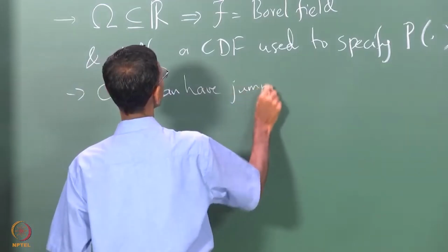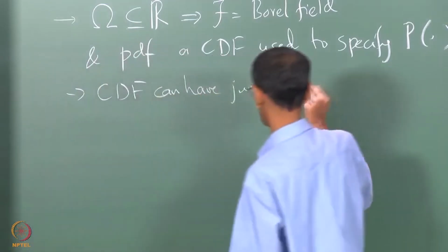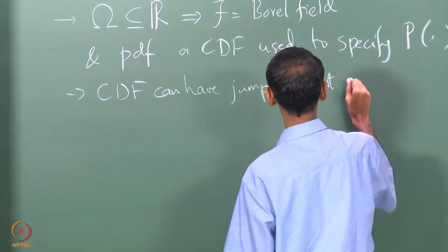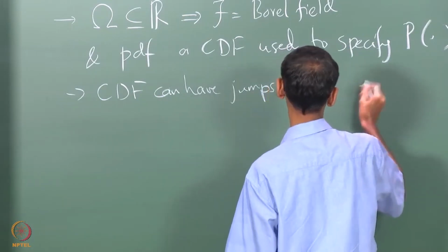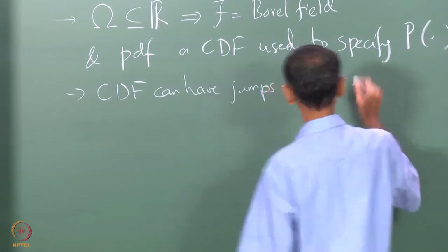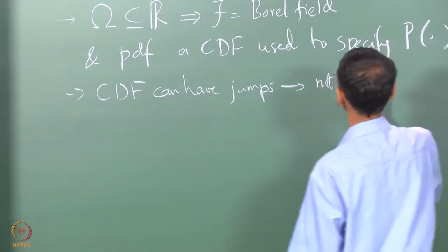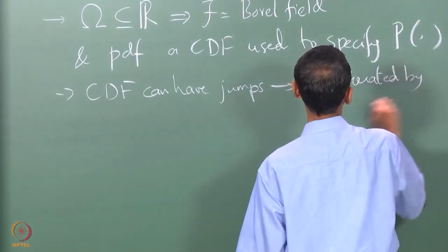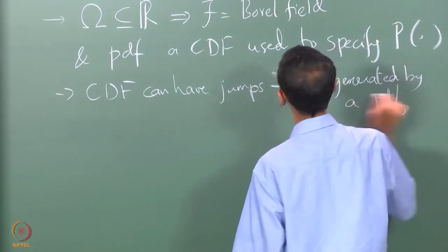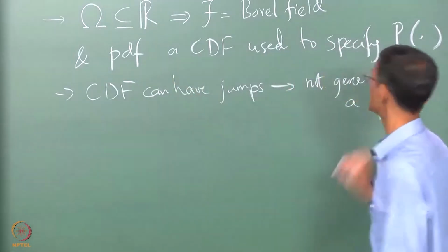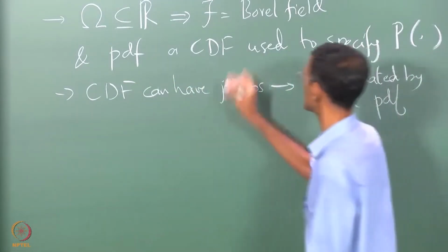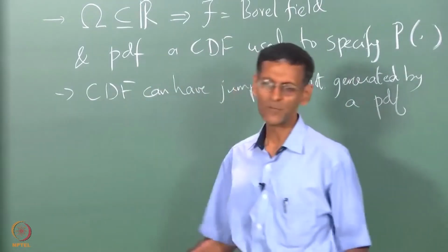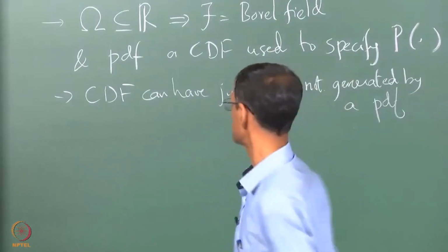These jumps cannot be generated by a PDF. By integrating a PDF you cannot get a jump in the CDF, that is the basic problem we have with PDFs, so they are in some sense limited, but as we will see it is not a very strong limitation.